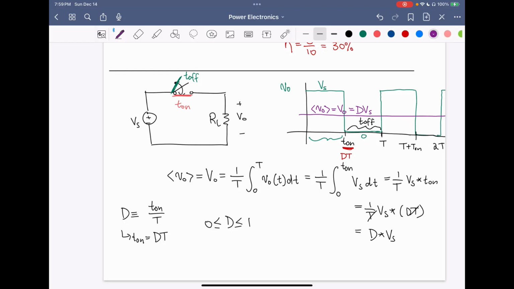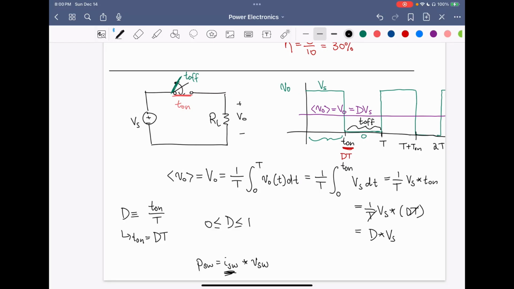And moreover, because this switch is ideal, when the switch is open, we have no current flowing through it, and when the switch is closed, there's no voltage across it. The voltage is 0. So the power consumed by the switch is equal to the current through the switch times the voltage across the switch.